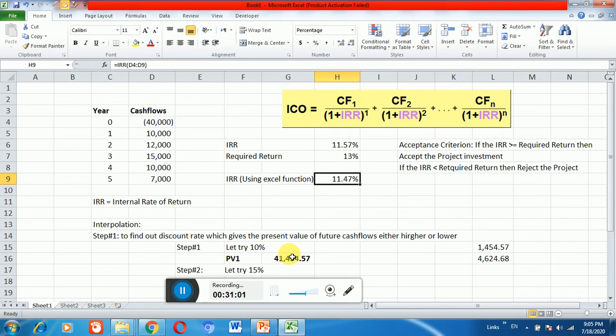So I hope, dear students, you have learned about two methods: one is payback period, and the second was IRR. In simple words, you can say the rate of the project we computed, and based on this rate we compare it with our required return, and then we make decisions about the projects.